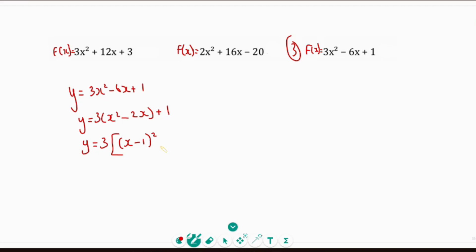Minus 1 times minus 1 is 1. So I need to take off 1. Expand my big brackets. 3 times minus 1.